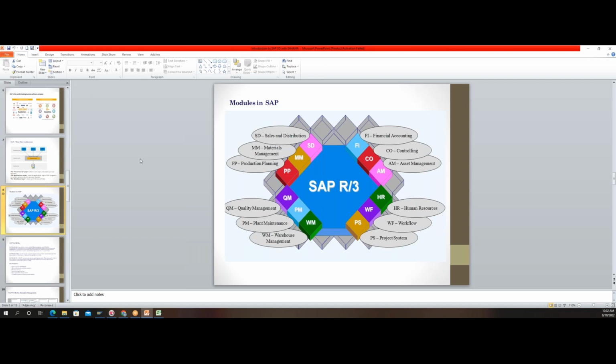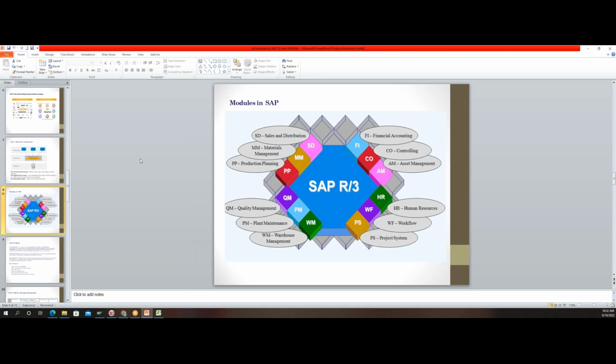ERP is something where you are integrating and organizing different departments. When I say different departments in a real enterprise, it is FI, CO, HR, SD, planning, plant, quality inspection. These are the various departments. So what is the expectation from the software? It should understand and process the data in each and every department.